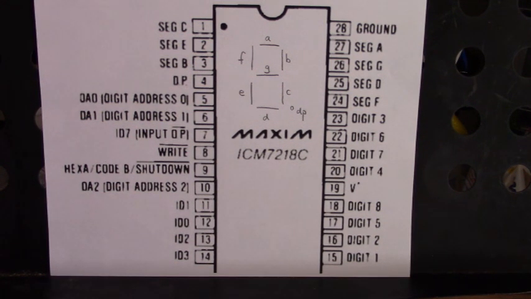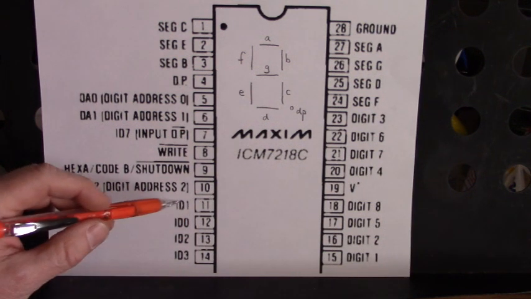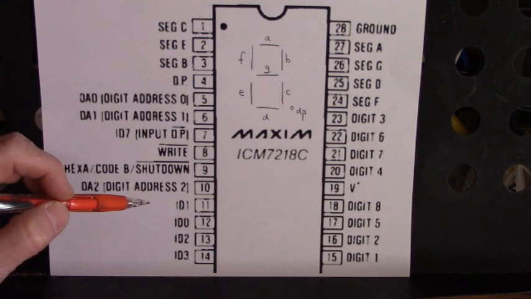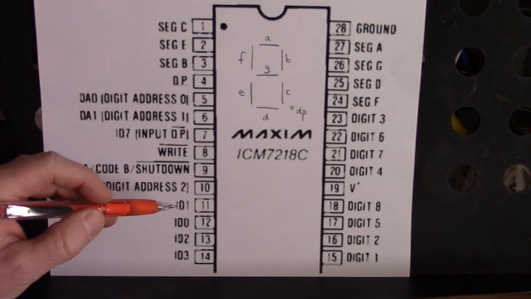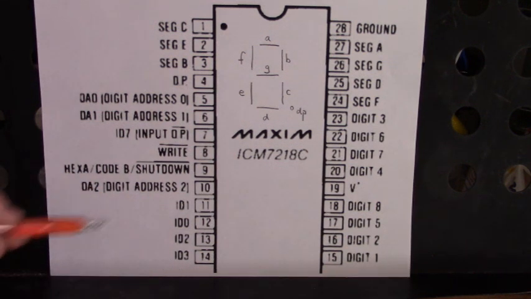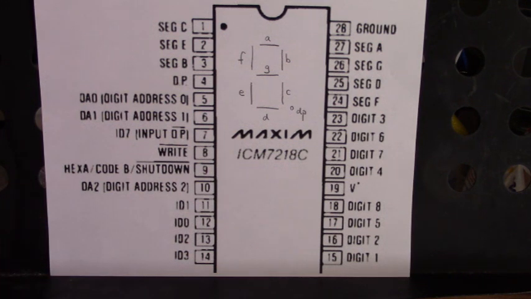And we'll go through the chart here in a little bit on which characters are displayed based on the data applied to these 4 inputs right here. 0, 0, 0, 0 through 1, 1, 1, 1.